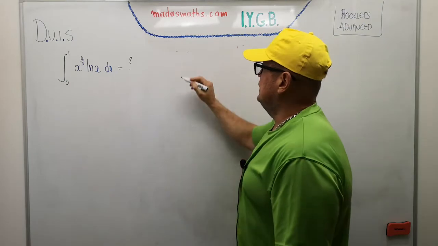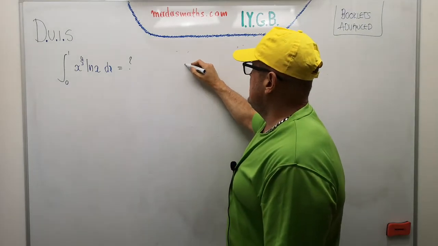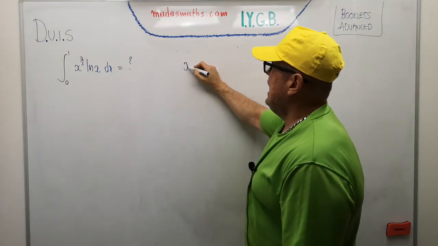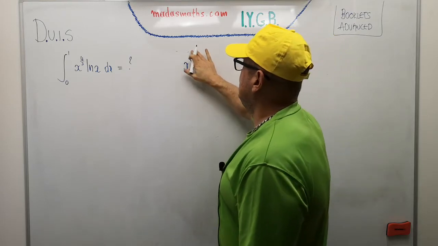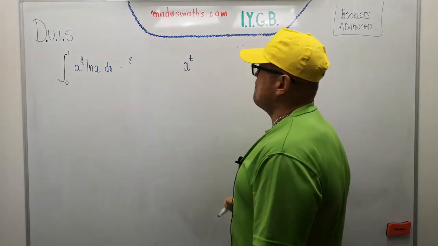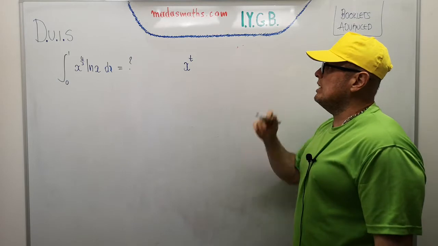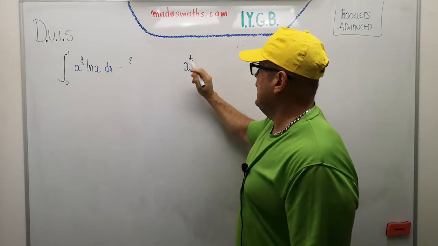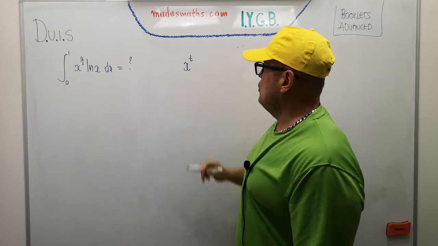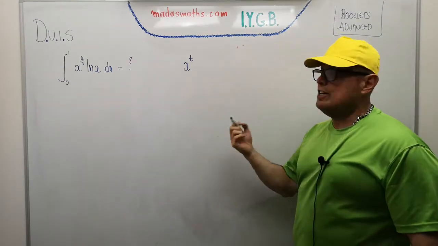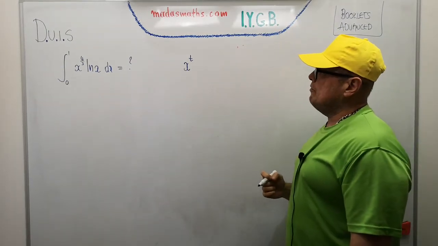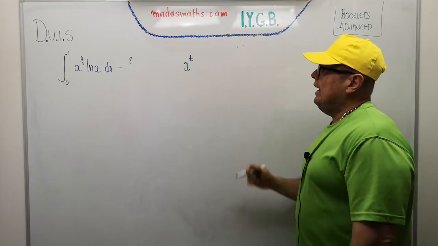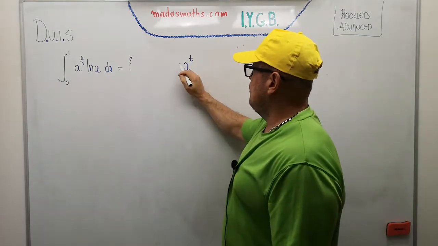The first thing to notice is if we differentiate, let's say, x to some power t, which we're going to call a parameter, but for the time being, think of it as a constant, okay, x to the t. We can do two types of differentiation. We can differentiate with respect to x, but we can also differentiate with respect to t, and it's the differentiation with respect to t that we're looking at.